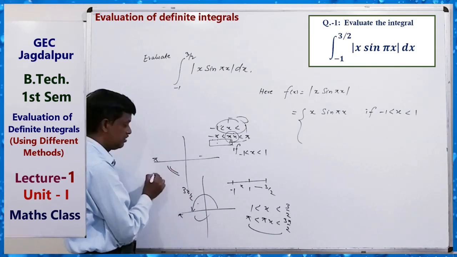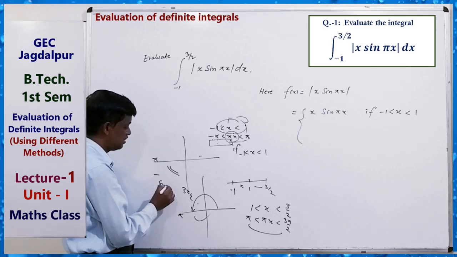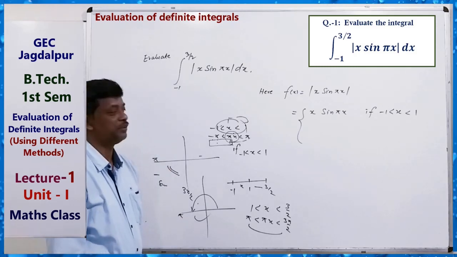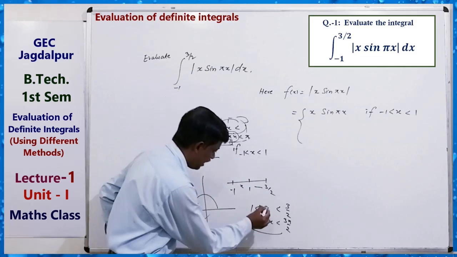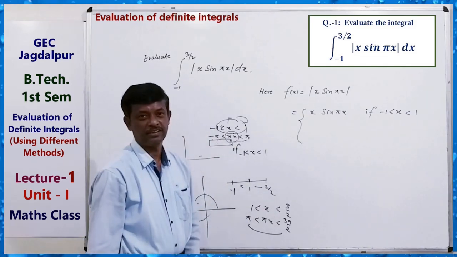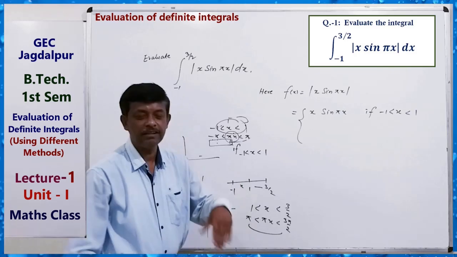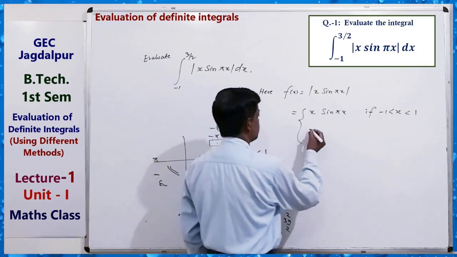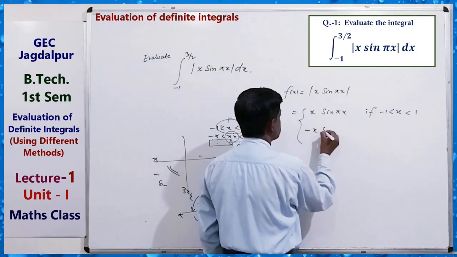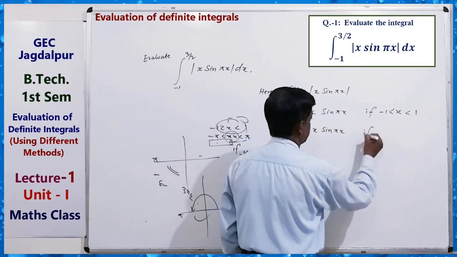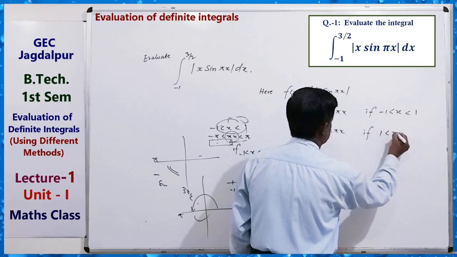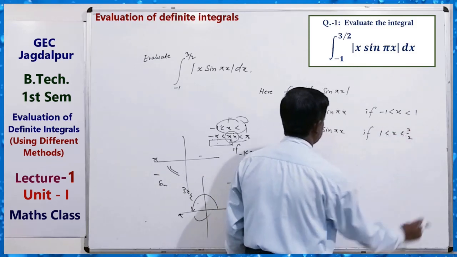Here sine is negative, so this is negative, but x is positive. So positive times negative is negative. So in this interval, its value is minus x sin pi x, if 1 is less than x less than 3 by 2.